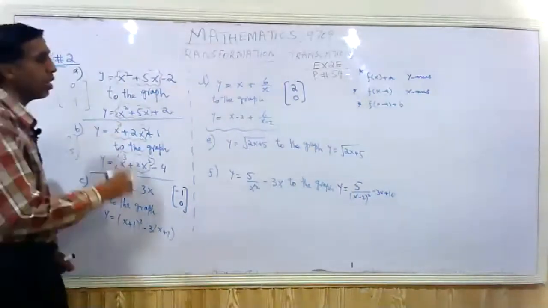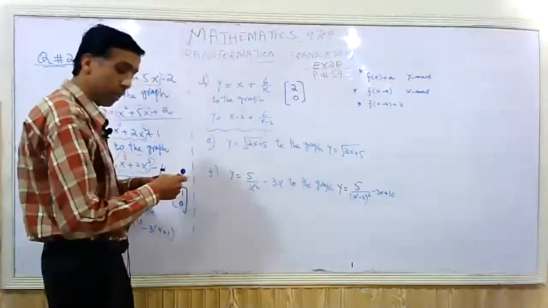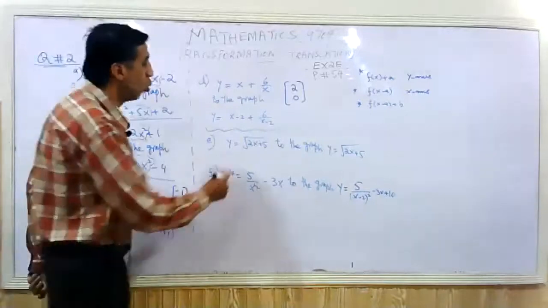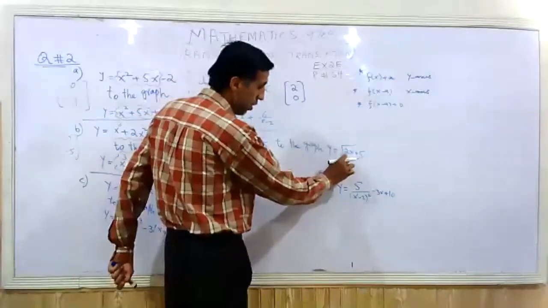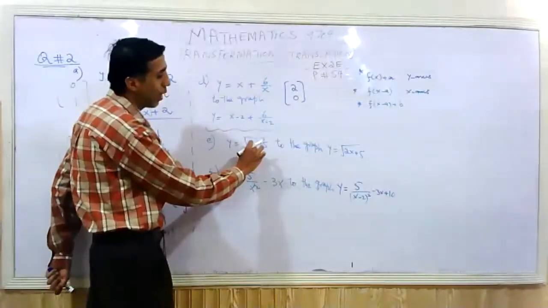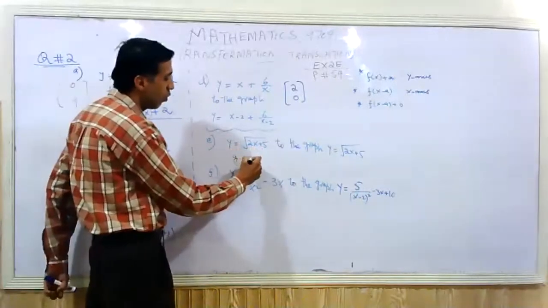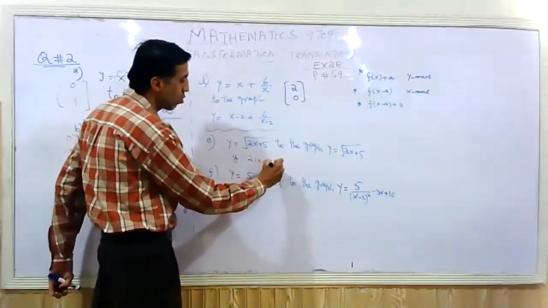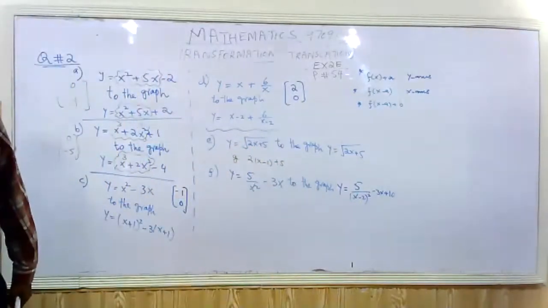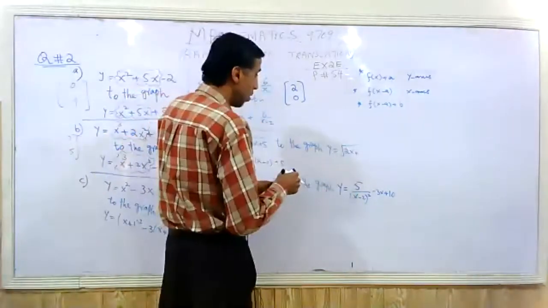Now, come to the E part. In E part, he has also replaced something. What is the digit he has replaced? To make the image equation 2x plus 5, if I keep x minus 1 here. For example, if you keep 2 into x minus 1 plus 5, you get 2x plus 3.